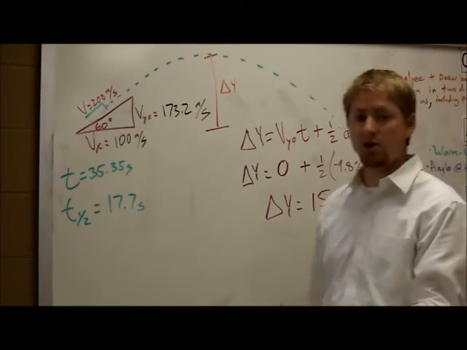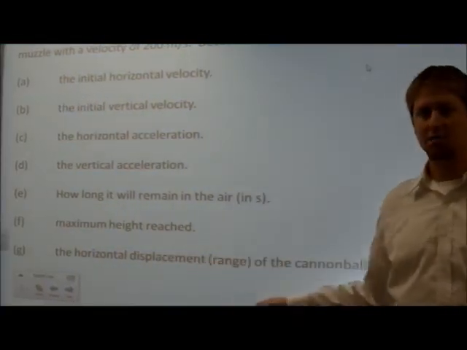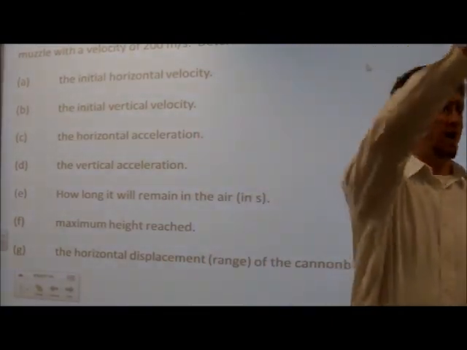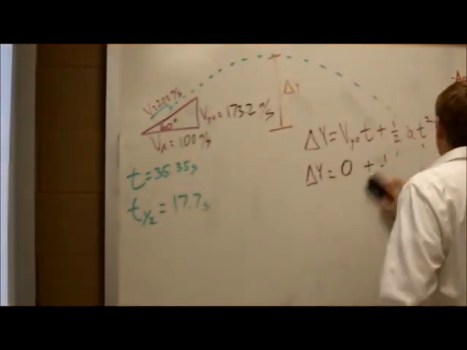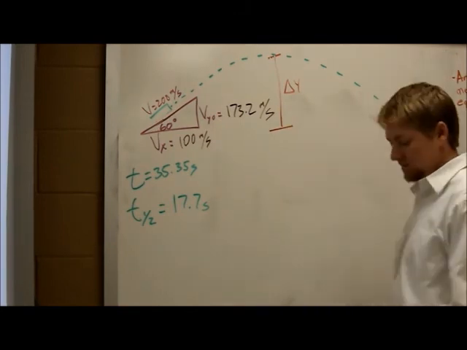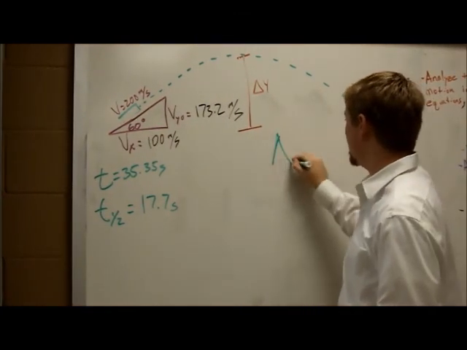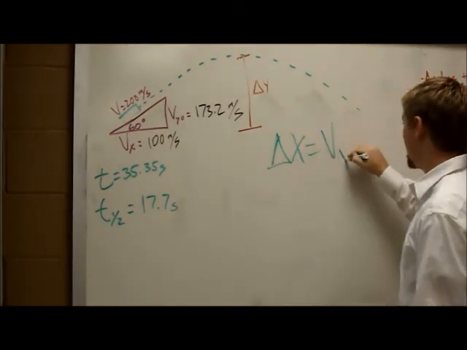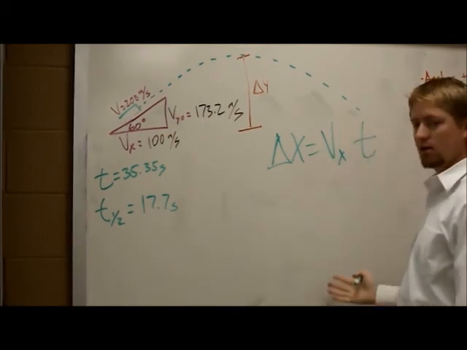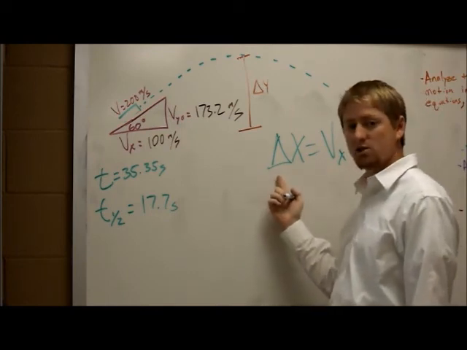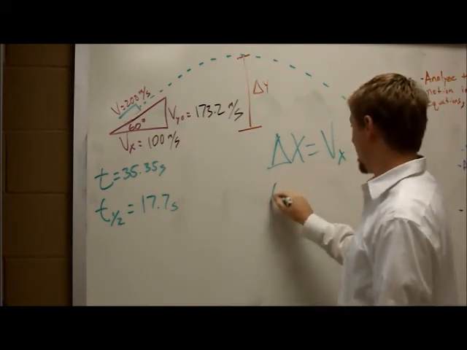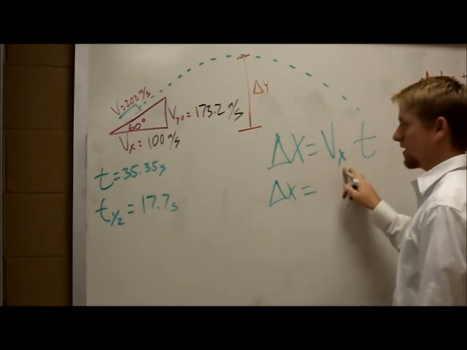All right, last question. The horizontal displacement, that's the range. How far does this cannonball, when we shoot it, go along the ground? This is the easiest one, right? We know that delta x equals Vx t. It's our simple velocity equals distance over time, rearranged for distance. So delta x equals, what's our Vx?